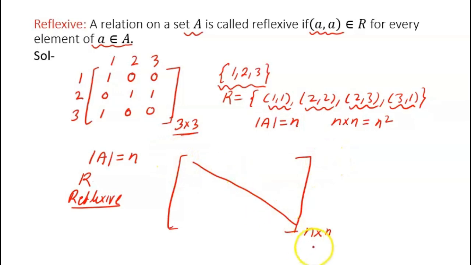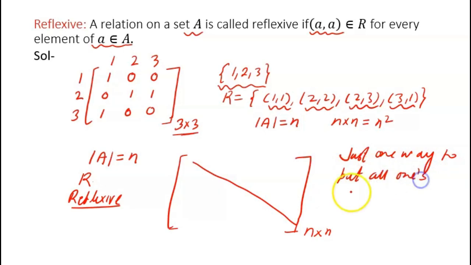Now, since all the diagonal elements are going to be 1, how many ways are there to put all those ones along the diagonal? I hope you will agree that there is just one way to put all ones along the main diagonal.